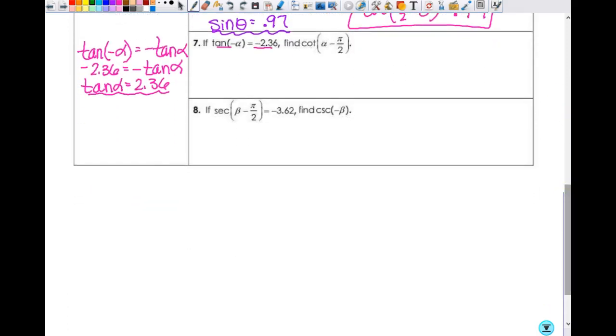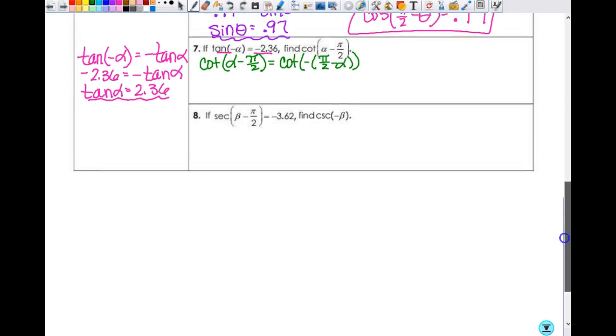I'm not pulling any of this off of that up there. I have the cotangent of alpha minus pi halves. That has to be equal to the cotangent of negative pi halves minus alpha. See how I just factored out a negative 1? Everybody okay with that?